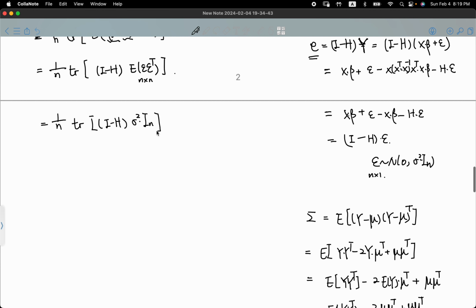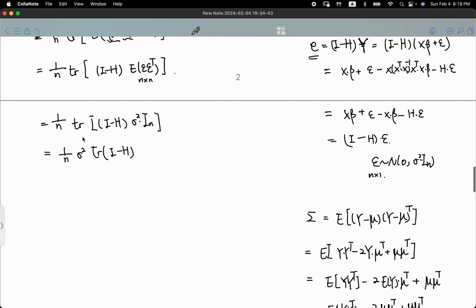Identity n. Okay, so we should have sigma squared, it's a scalar outside. Trace of I minus H only, because identity multiplied by that is just identity.